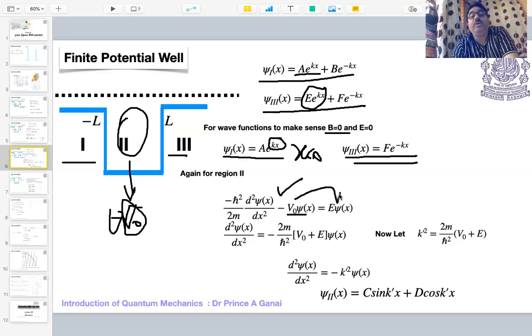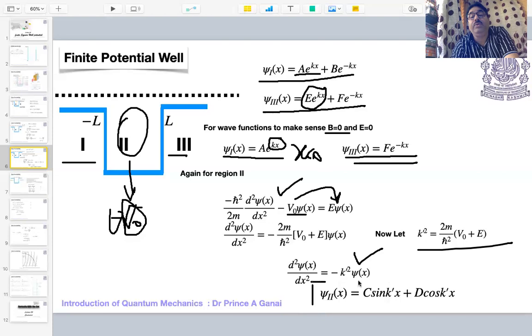Now I push it on this side, and this will add with E. E is negative, V0 is positive, but V0 is greater than E. That we have to keep in mind. Fine. So we set k square equal to twice m by h bar square times (V0 plus E). That would make this k square negative, and k would be an imaginary number. And since k is imaginary, again solving the differential equation by developing an auxiliary equation, we get trigonometric solutions.